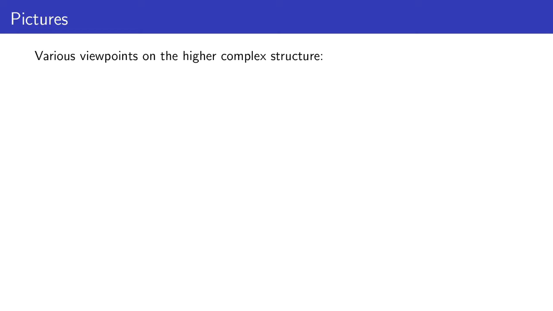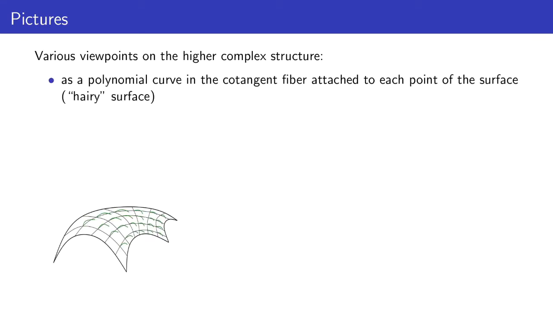How can you think of this higher complex structure? What kind of picture you may have in mind when you work with them? Due to the various viewpoints we have seen on the punctual Hilbert scheme, you can also have various viewpoints on this higher complex structure. First of all, we have seen that the zero fiber can be thought of as a jet of a curve at the origin.